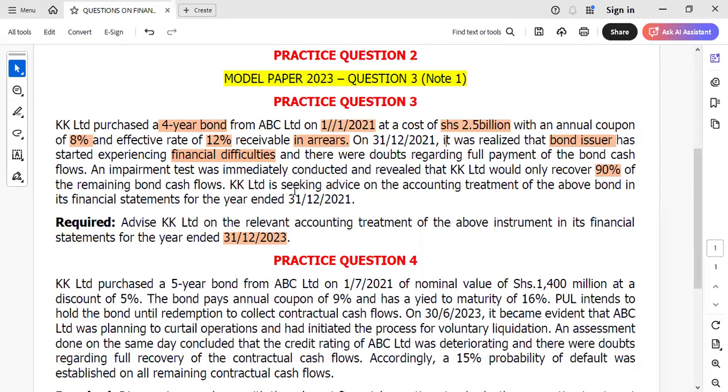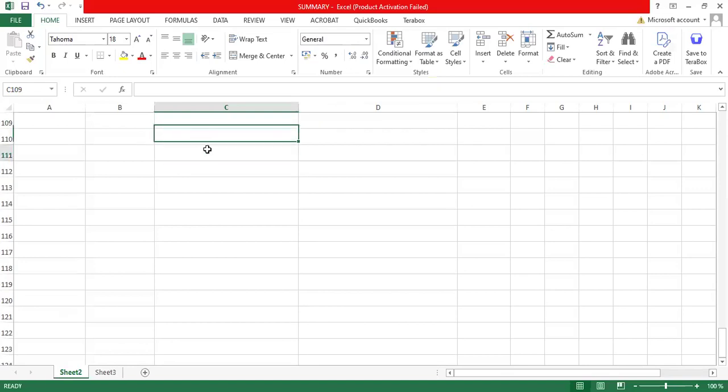So KK Limited is seeking advice on the accounting. So how do you start? This is practice question 3.